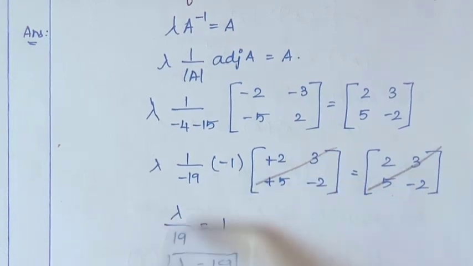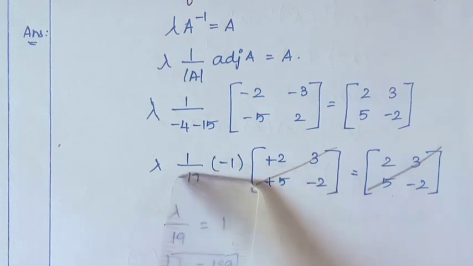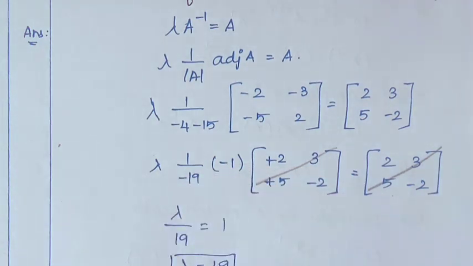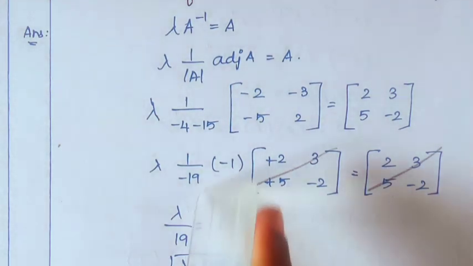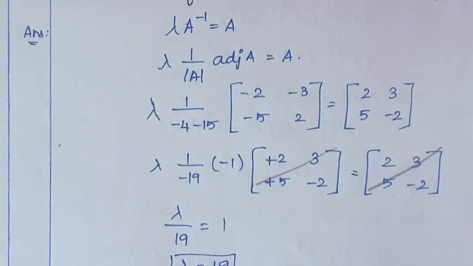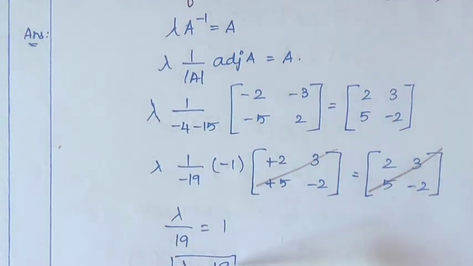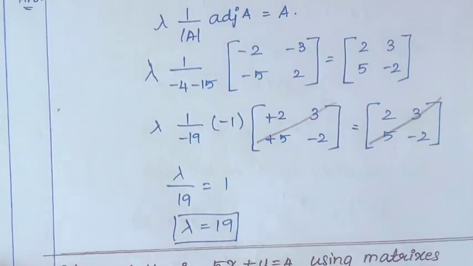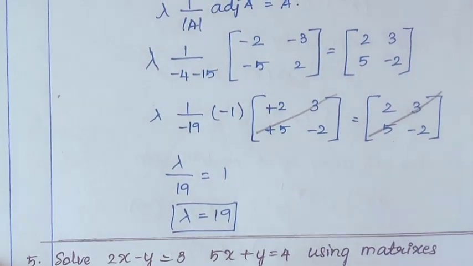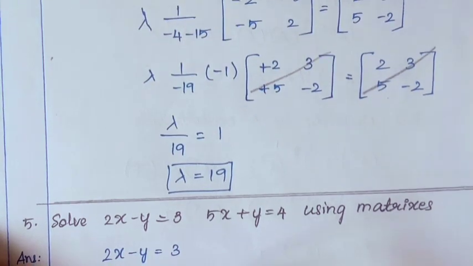Minus into minus is plus, minus minus gets cancelled, right? So 1 by 19, lambda by 19 is equal to 1. Lambda is equal to 19. So we have completed the fourth question. Now we are going to go for the fifth question.